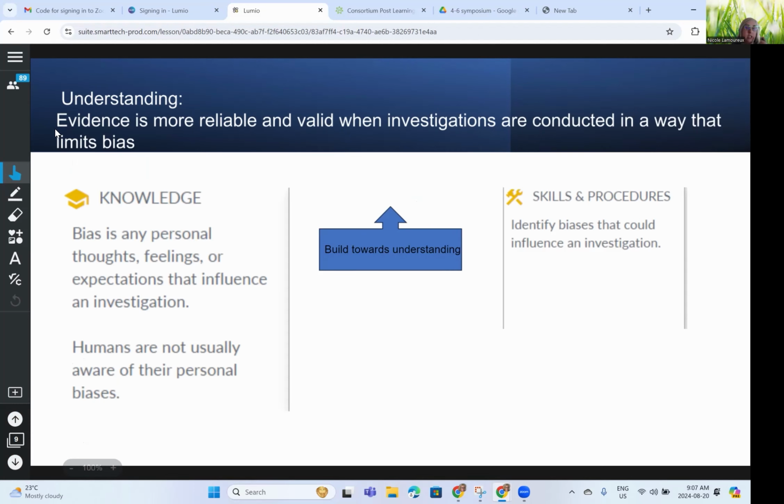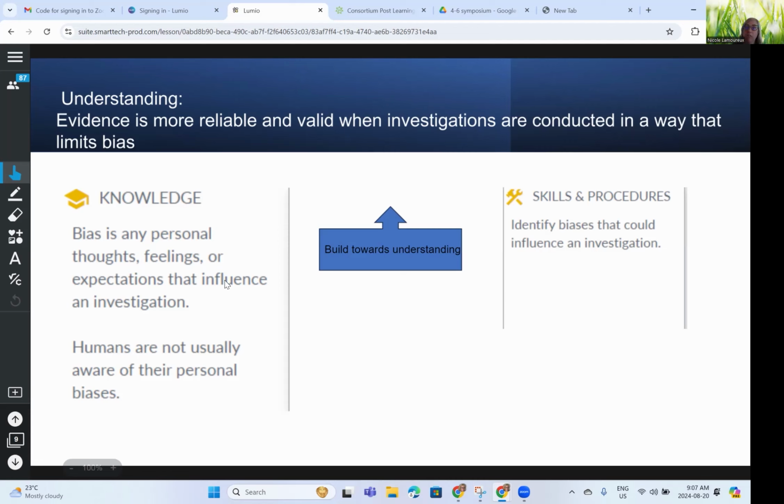And also we want students in grade 5 to understand that evidence is more reliable and valid when investigations are conducted in a way that limits bias. So we know from grade 4 that they were introduced to reliability and validity. So we're going to continue with that. And now we want students to identify biases that could influence an investigation.